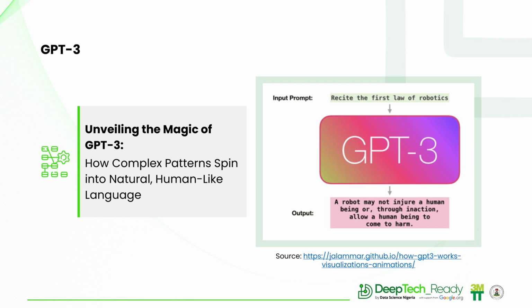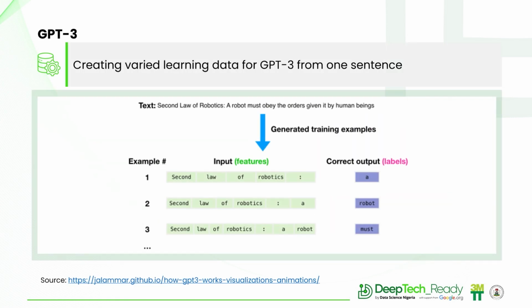To enhance the learning process, we can augment the dataset by modifying the text example. For example, here we can create valid learning data from the prompt. If the input is "second law of robotics," then the correct output is going to be "A." And then if we change that input to include "A," the output will now be "robot."